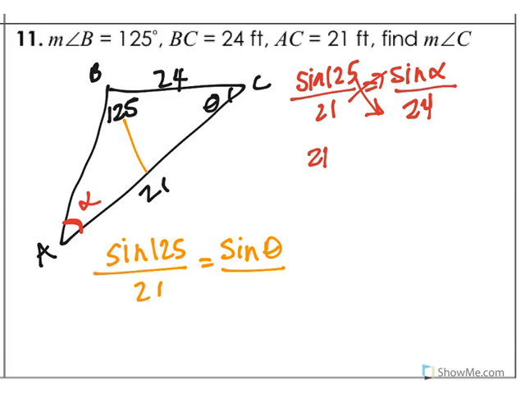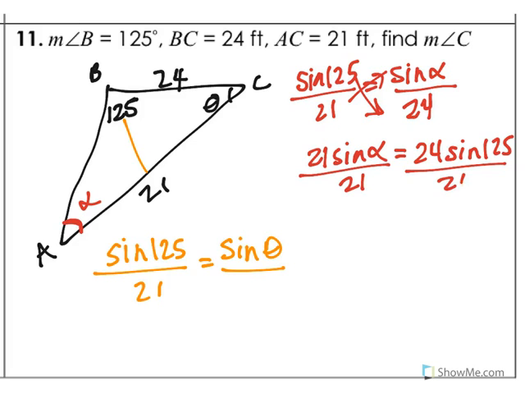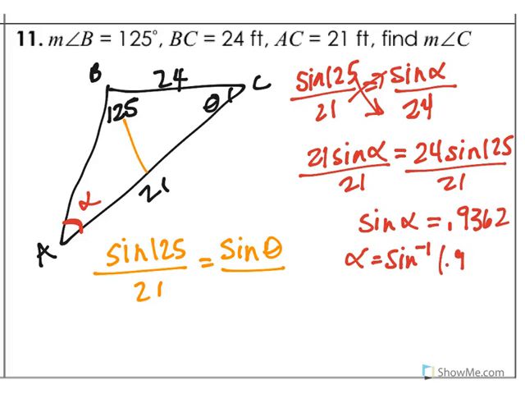Now cross multiply, you have 21 sine alpha equals 24 sine 125. Divide by 21. Sine of alpha equals 0.9362. Inverse both sides. Alpha equals the sine inverse of 0.9362.